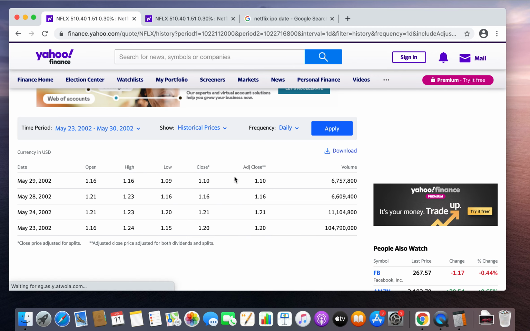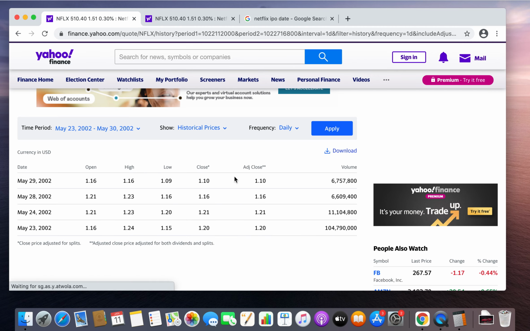That means when Netflix IPO'd on this day, the closing price was not, in fact, $1.20. This price has been adjusted. The actual price is multiplied by 14. So $1.20, and then you multiply by 14, and you get $16.80.